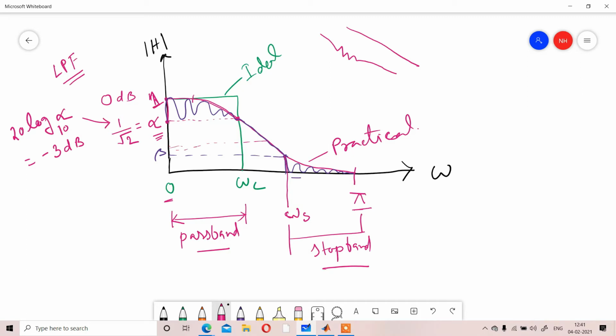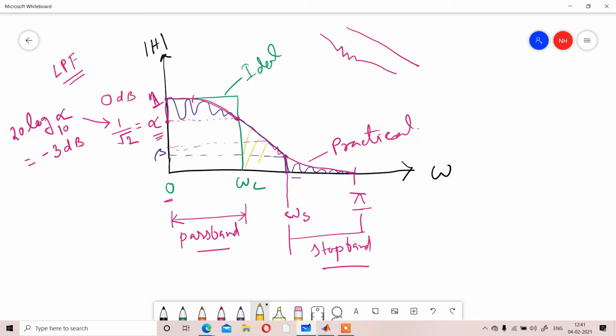If you see that we are getting a spike here, you can choose beta like that. So you can control the stop band range, or the attenuation range. That is your pass band, that is your stop band. So between pass band and stop band, what is happening?